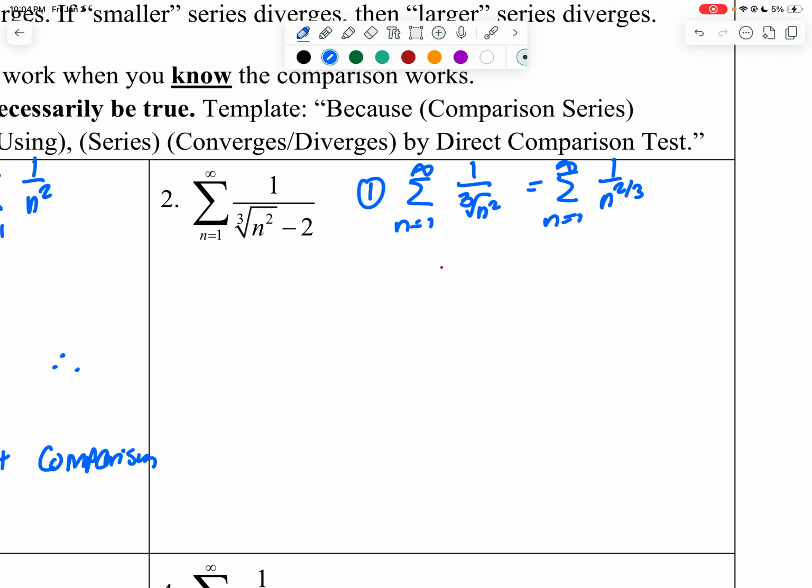Now, once again, I need to think about which one is bigger and which one is smaller in terms of my two sequences. Not series, but the sequence. Now, because this is a -2 and this is just a +0 right here, you might think, okay, let's have 1/5 versus 1/7. Well, what's bigger? The 1/5.